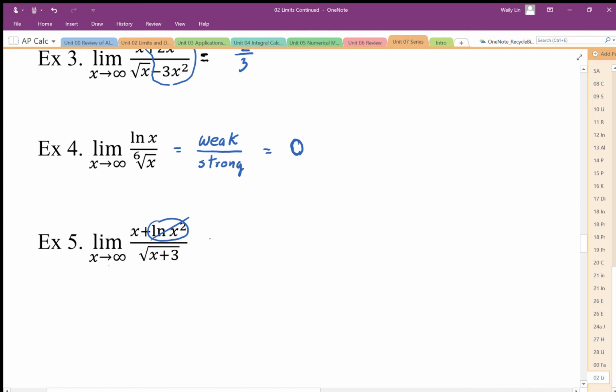This is our strong function on top, although it's not that strong, and a weak function on the bottom. Oops, that's not weak over strong, it goes the other way, it goes to infinity. Weak over strong goes to 0. Strong over weak goes to infinity.